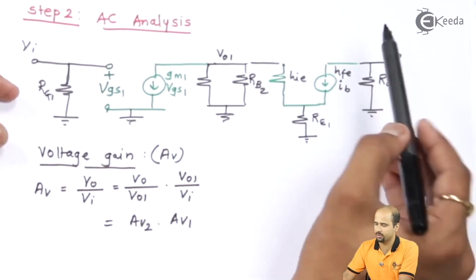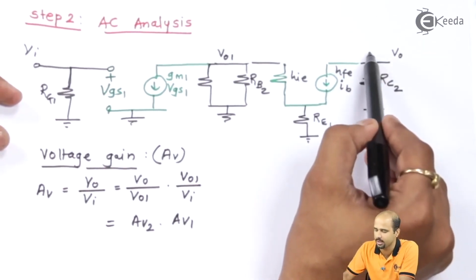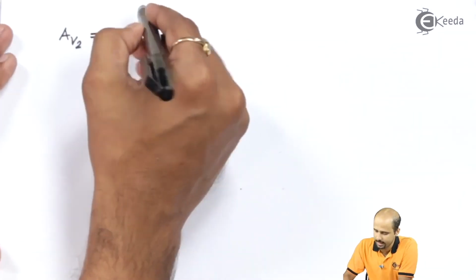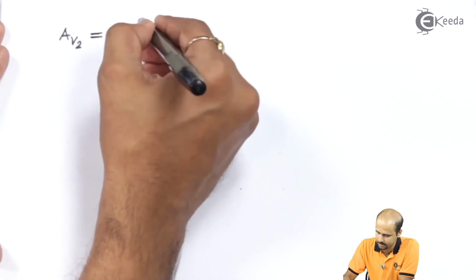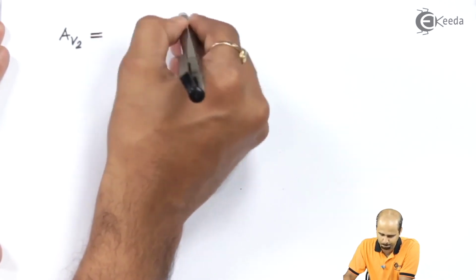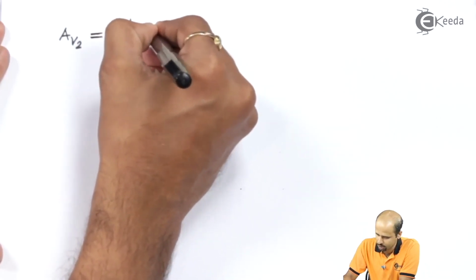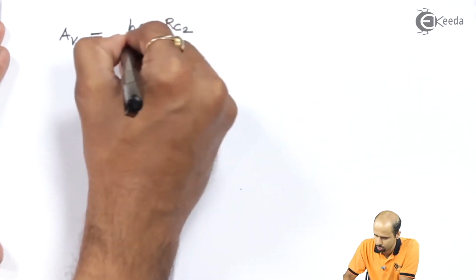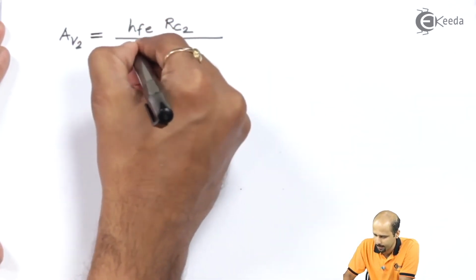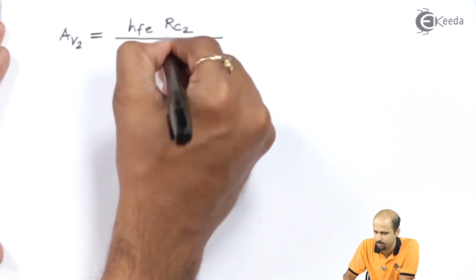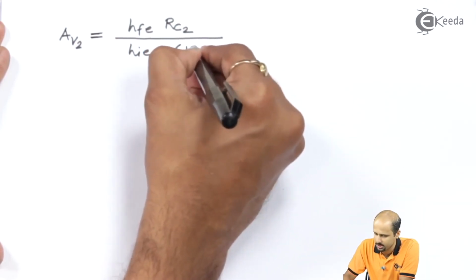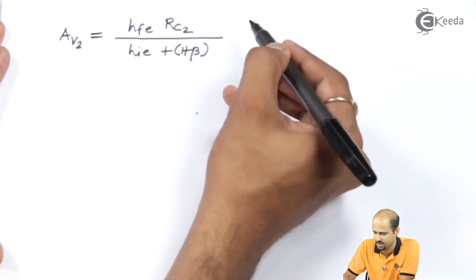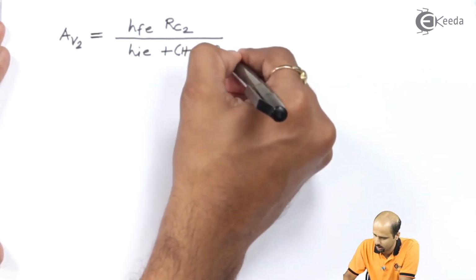That will obviously be done by taking the KCL at this output node. So we'll be getting the direct formula: hfe into RC2 divided by hie plus 1 plus beta times, or I can say 1 plus hfe times RE1.